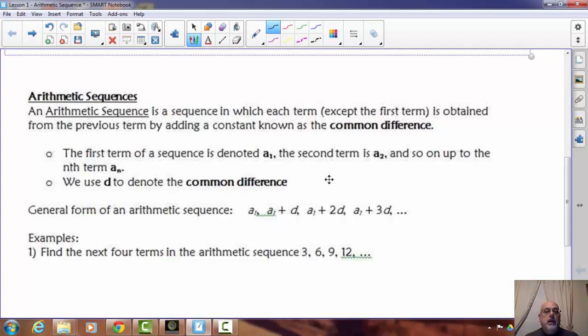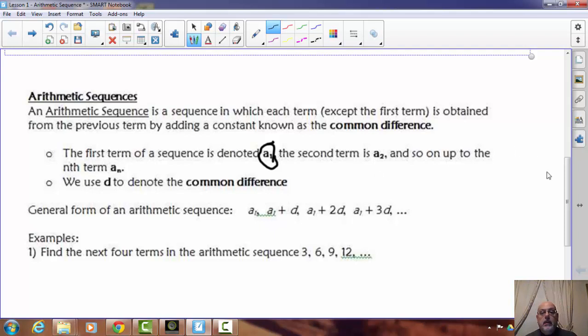The first term of the sequence is denoted A sub 1. This one is A sub 2, and so on up to the nth term, A sub n. N is the number of terms: 7th term, 20th term, 87th term.